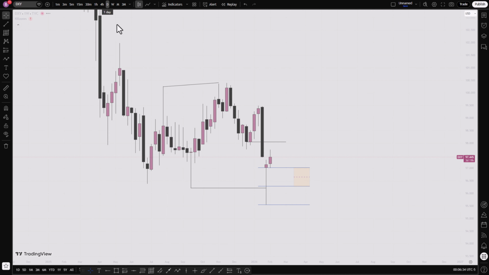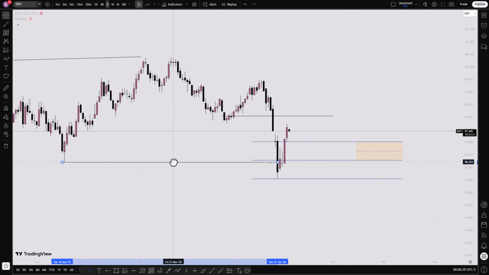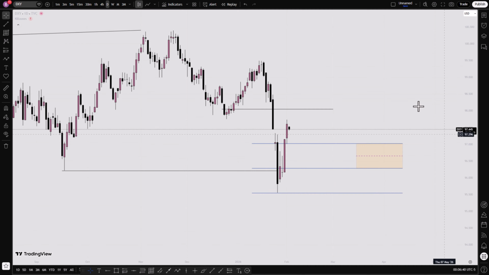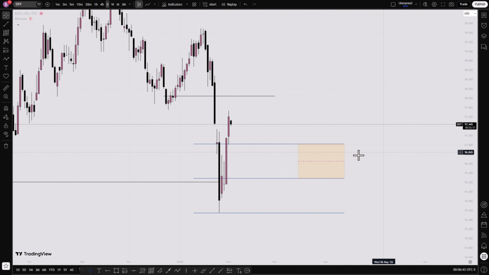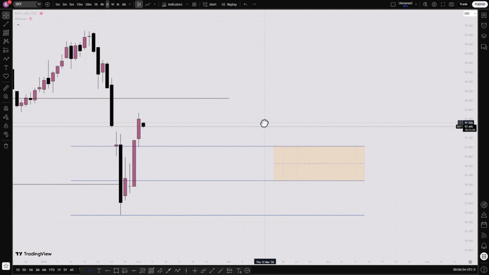So on the daily time frame now, we have to also look at some other things here. So here is the part I'm talking about. The price can come to this level for bullish prices. So I want us to pay attention to this fair value gap here.